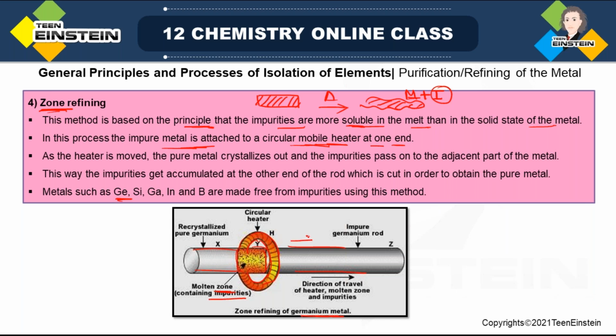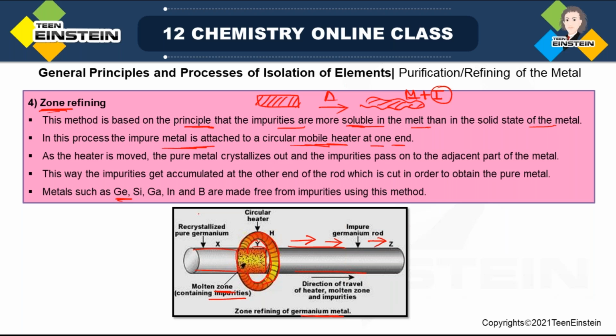Impurities will gradually be shifted towards the right hand side, and the pure metal will be present in crystallized condition on the left hand side. So gradually the left hand side of the rod will be pure metal, and the right hand side of the rod will contain the impurities.